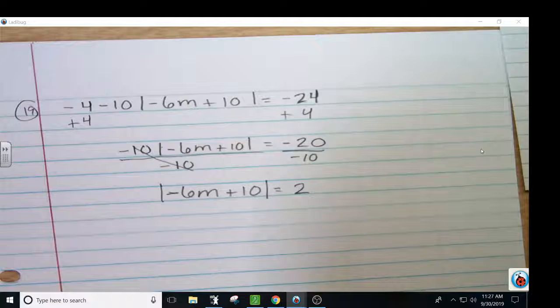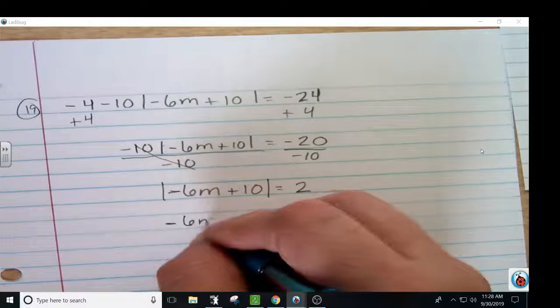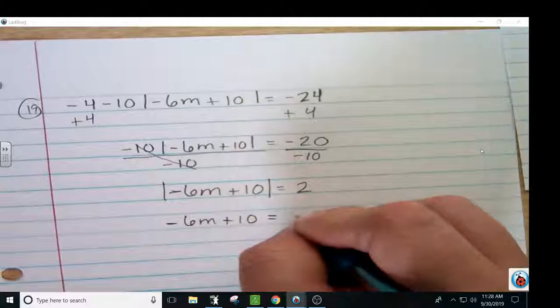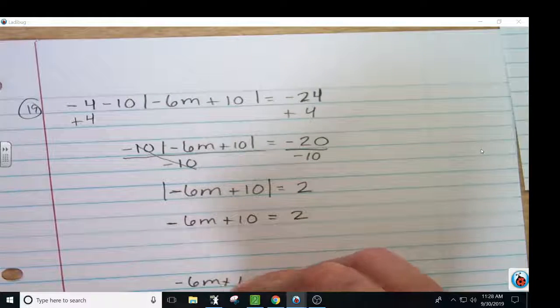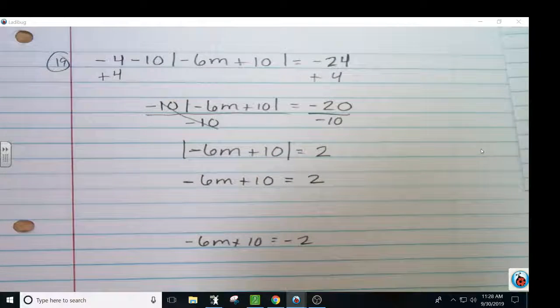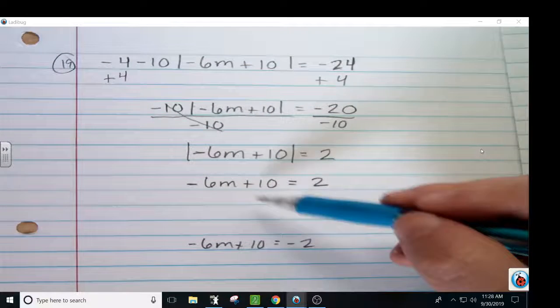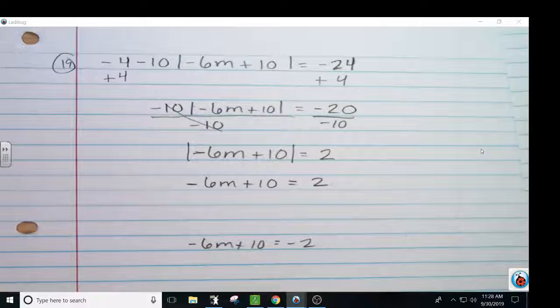Now, when I drop my absolute value bars, what do I have to do? You're going to set one equal to positive 2, and you're going to set one equal to negative 2. Because remember, absolute value is a distance from 0. 2 and negative 2 are the same distance from 0, right?